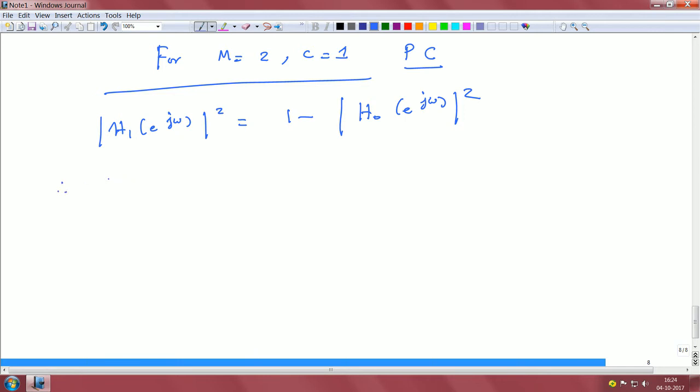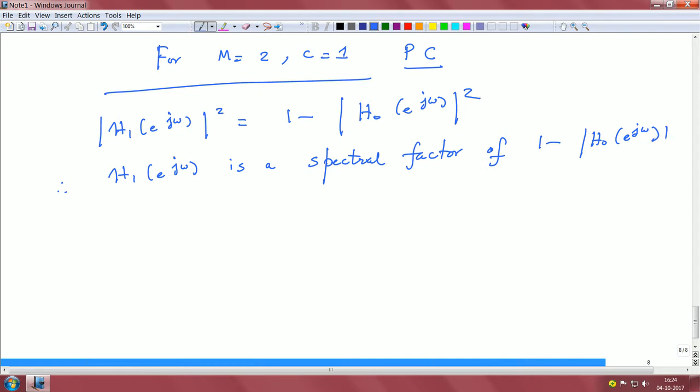Therefore, H1 of e^jω is a spectral factor of 1 minus modulus H0 of e^jω squared.